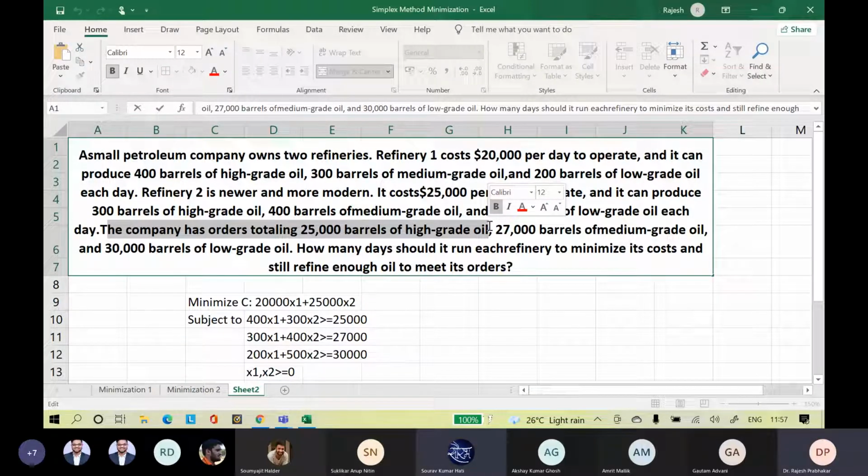So maximum production with minimum cost. How many days should it run each refinery to minimize its cost and still refine enough oil to meet its orders? Right, sir. Got it, sir.